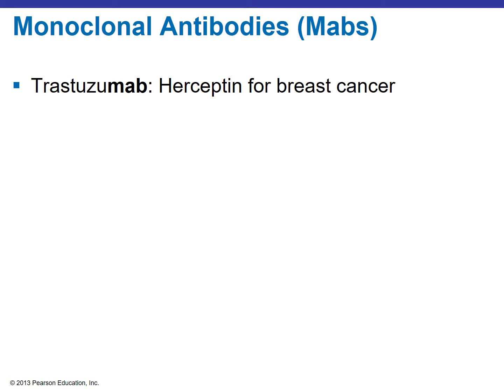So this is a monoclonal antibody, a human monoclonal antibody. I just wanted to give you this example. It's used for breast cancer, and it's called Herceptin. About 20 years ago, Genentech developed this antibody, and when they used it for people who had breast cancer, there was no nasty chemotherapy or radiation.